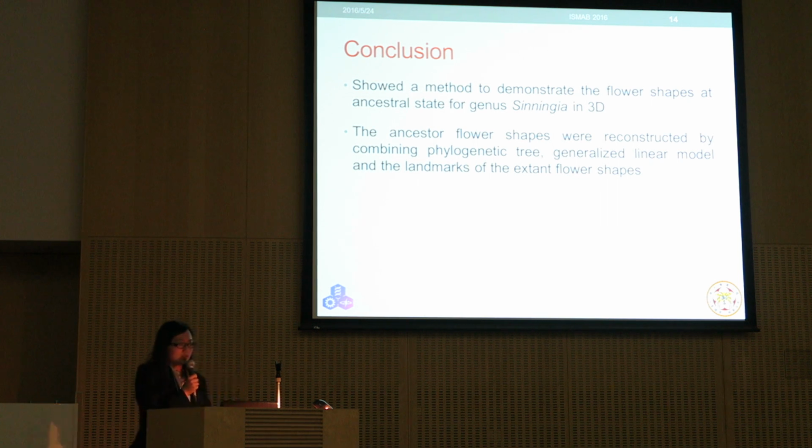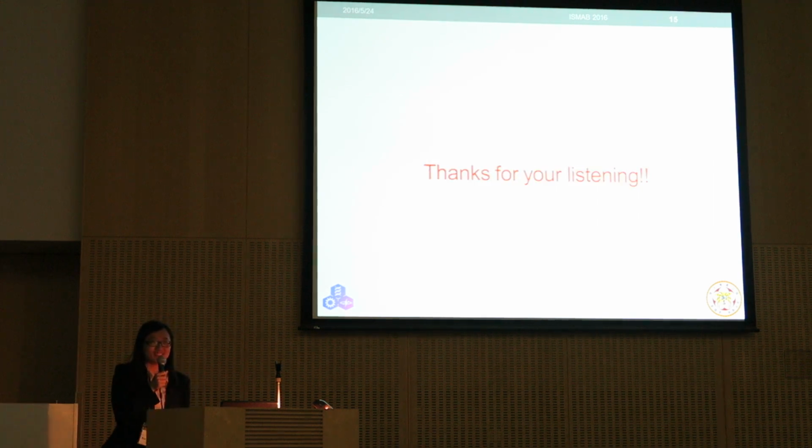So, conclusion: this study shows a method to demonstrate the flower shape of an ancestral state for genus Sinningia. And the ancestral flower shape was reconstructed by combining the phylogenetic tree, generalized linear model, and the landmarks of extant flower shape. So thanks for your listening.